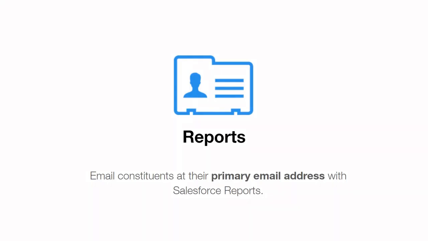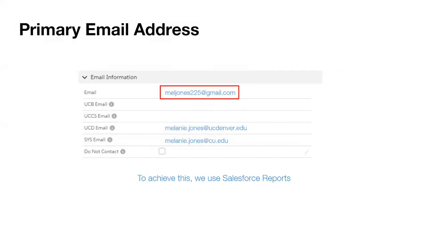Put simply, reports allow you to email the primary email address associated with a particular constituent or individual. As an example, I've gone ahead and pulled my email information from my Salesforce contact.